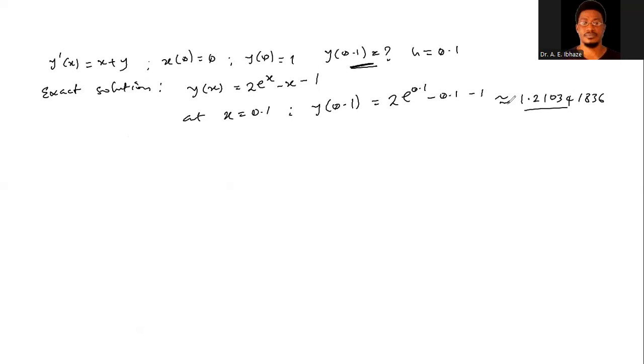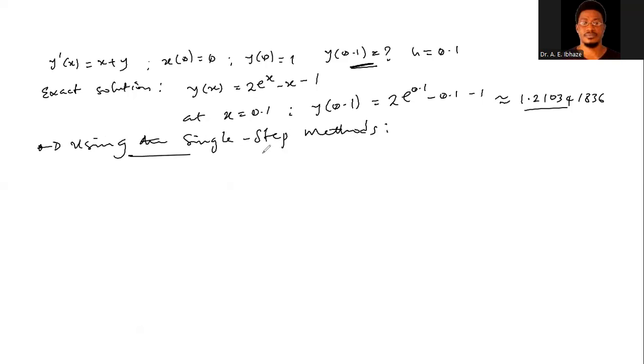So now we are going to attempt the solution using the approximate methods, being the single step and the multi-step. So we want to start using the single step methods.